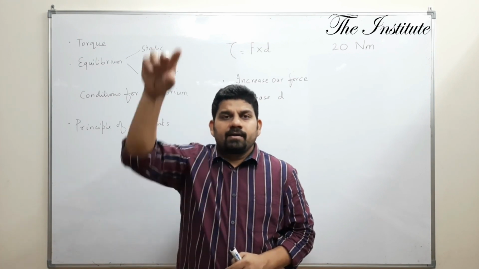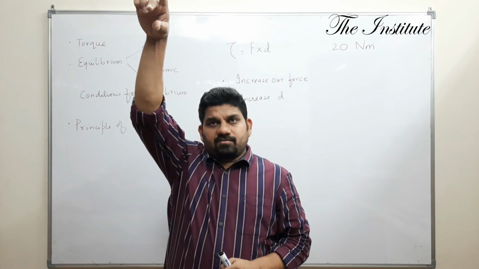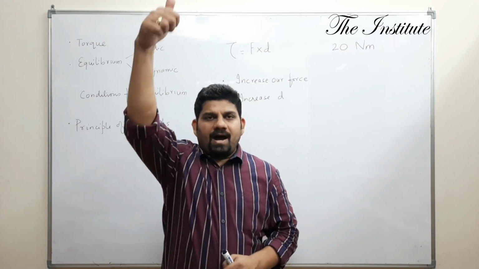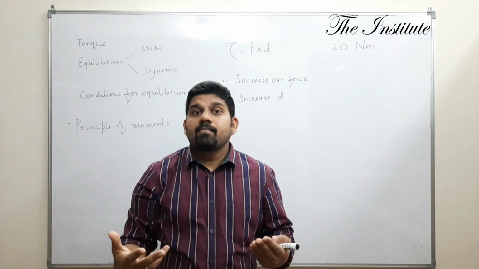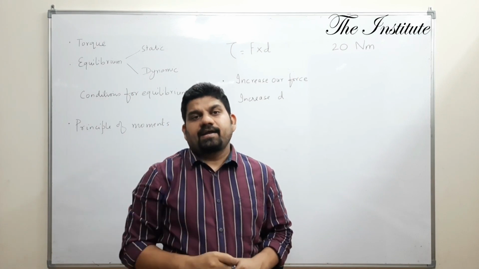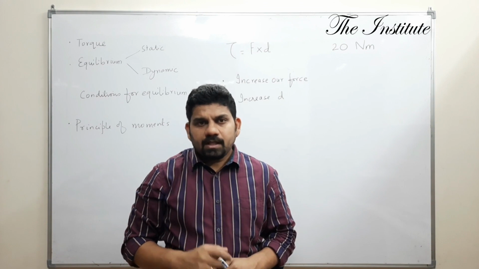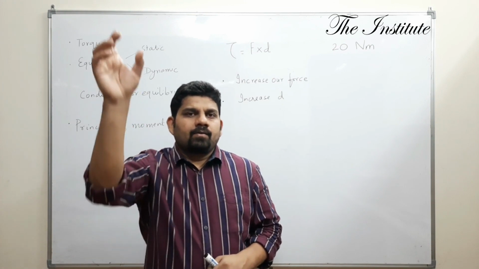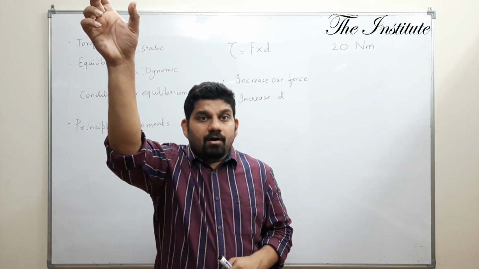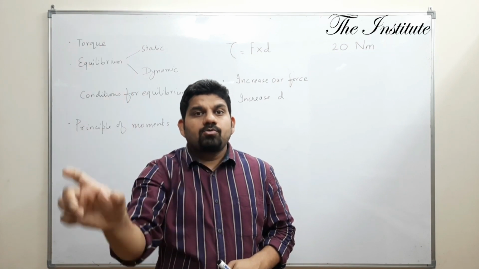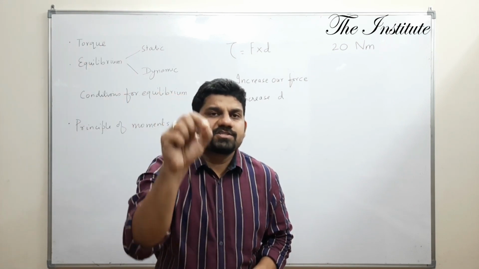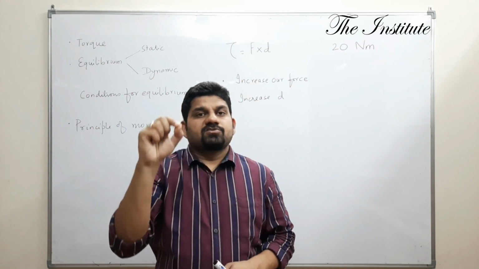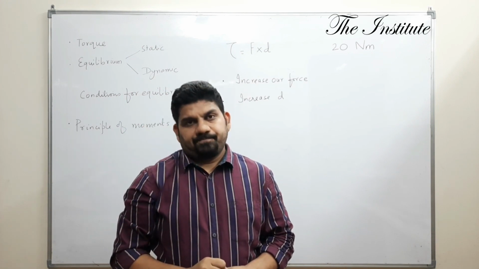So in short, the raindrop experiences weight, upthrust and viscous drag. A number of forces are acting on this raindrop. But we know that a raindrop comes down with a uniform velocity, with a constant velocity, which is known as terminal velocity.